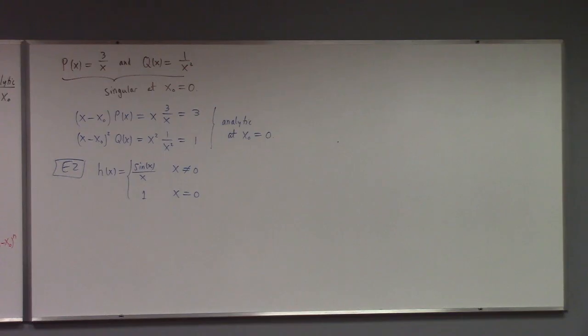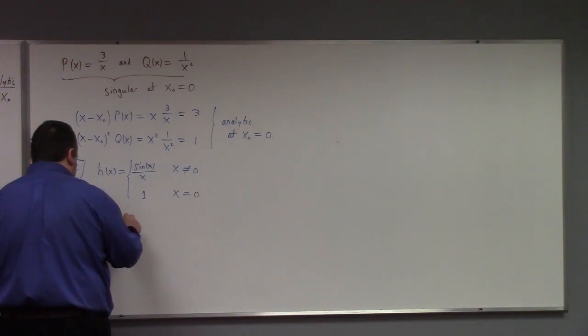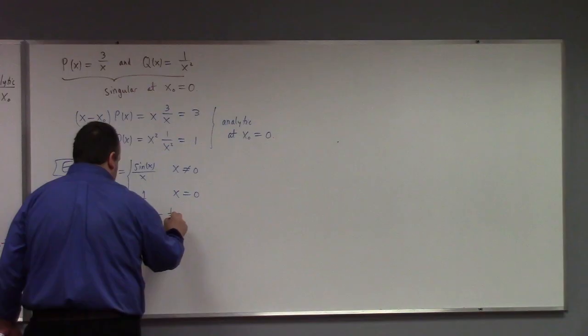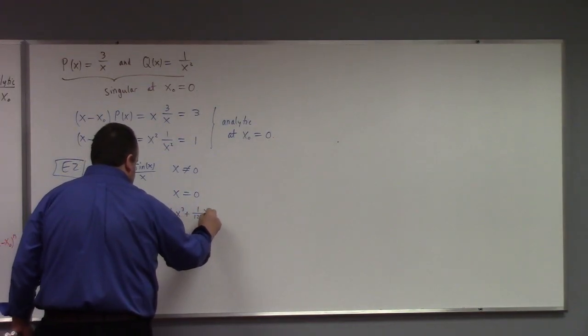Why is that? It looks like it's got division by 0, but what goes on here is you've got x minus 1/3 x cubed plus 1 over 120 x to the 5th and so forth.